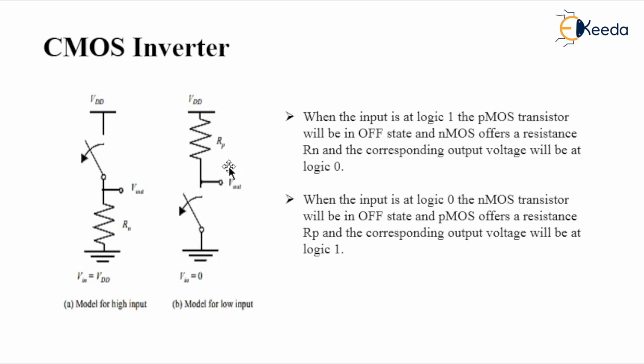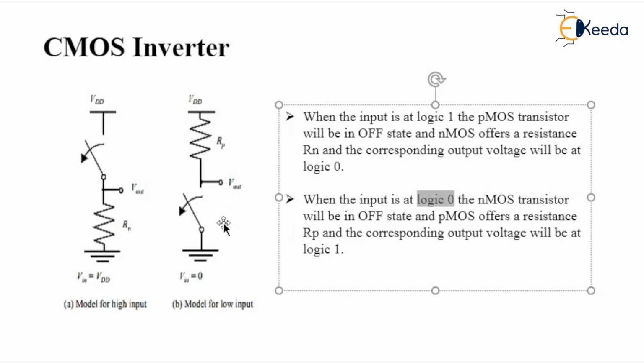Therefore VDD will drain out to this point Vout with respect to ground. Then we will get Vout equal to plus 5 volts or plus VDD. So when I apply a logic 0 in the second case, I get logic 1 or plus VDD at the output. But this is the converse, or reverse, of this one.